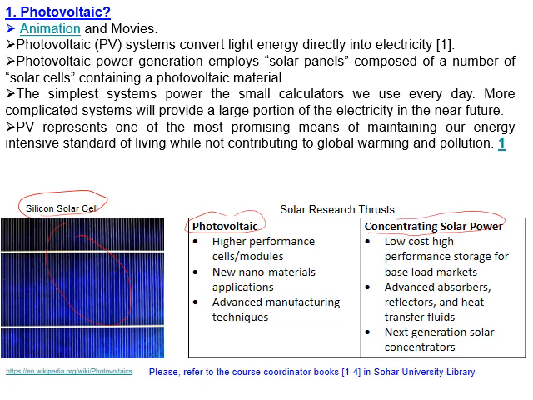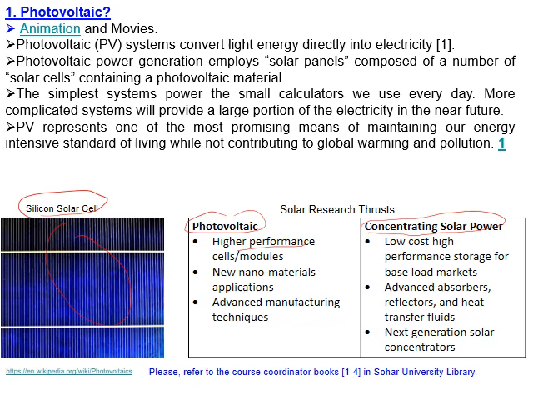Concentrated solar power will be discussed later, but just a simple comparison: photovoltaic has high performance, and today they use nanomaterial for coating and manufacturing it, and the technology has advanced with time, from 1954 to today, with much improvement and progress.